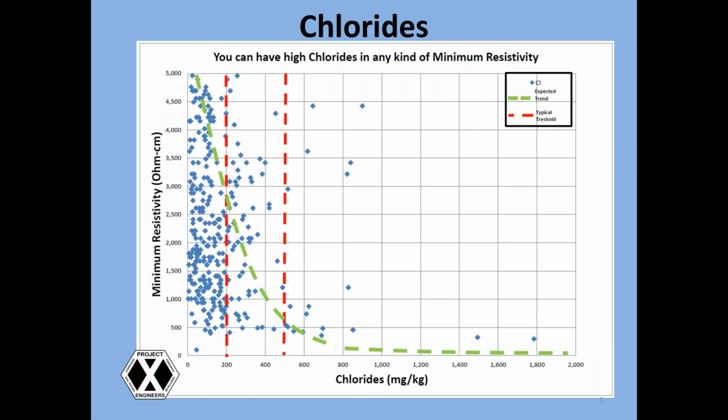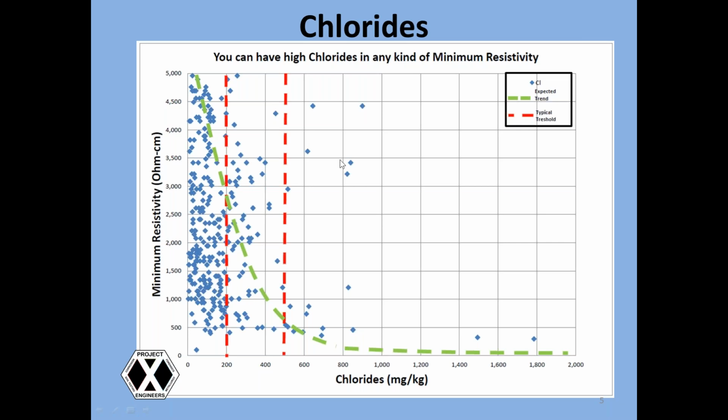It is possible to have high amounts of chlorides in a soil, even when you have a soil resistivity over 1100, as you can see in this chart. This is where that 1100 line would be for Caltrans.